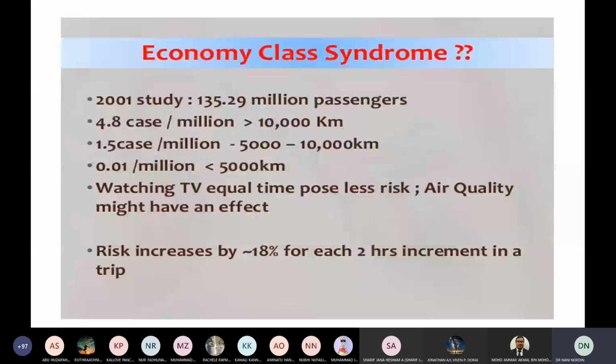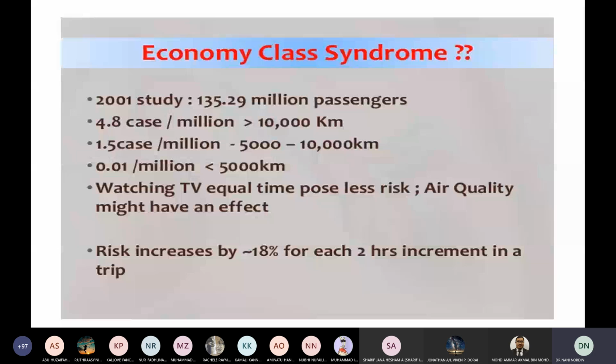They also did the same with people watching TV, immobilized for an equal time as those traveling. These people sitting watching TV have a lesser risk than those who travel.